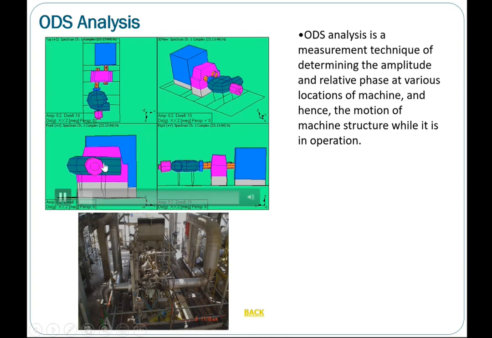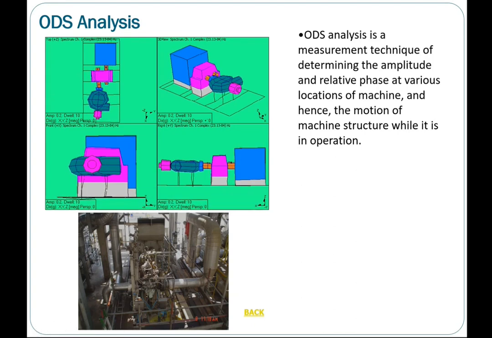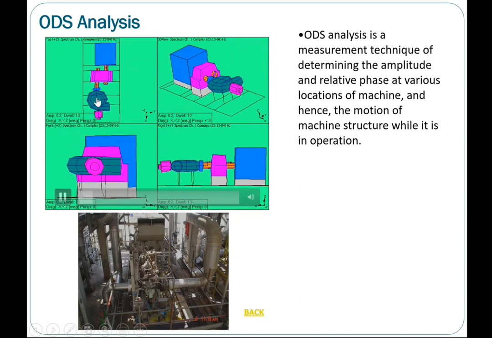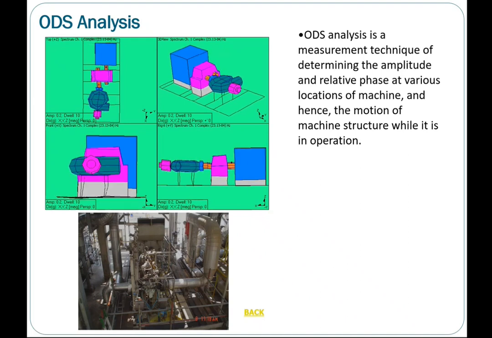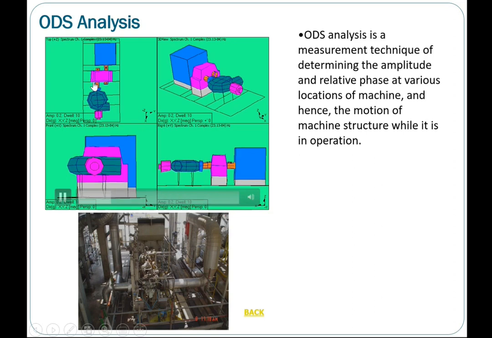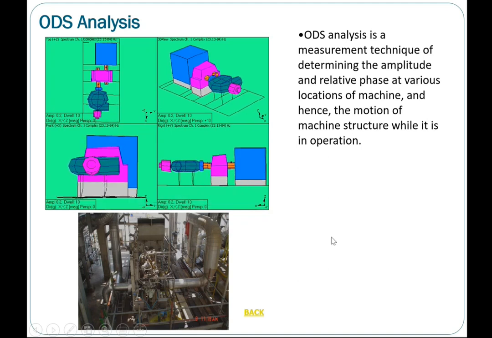Through this ODS with the sensors, mapping to the entire model, then through some signal processing, we can amplify the amplitudes as well as the motions. So you can see how this particular machine moves during its operation at 70 hertz, at very small micrometer scales of vibration. In this particular top view, you can see that the coupling between the pump and the gearbox is having a high vibration.